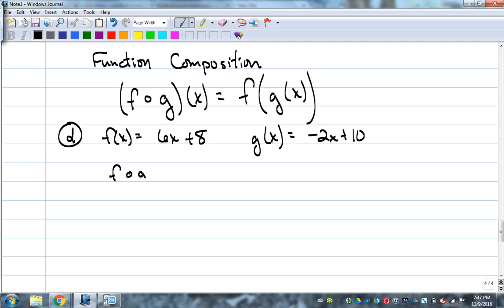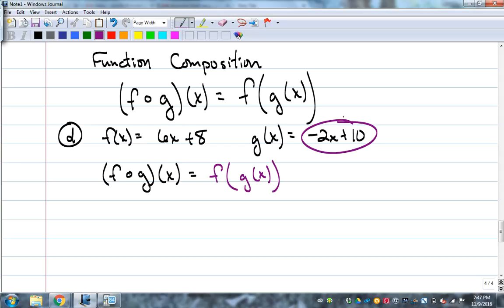F composed with g of x, and this is the notation your book's going to use. What that means is you're going to take this g of x, what it's equal to, and replace x in that function. That's all that means. Fancy math terms for meaning put that in for x and simplify it.